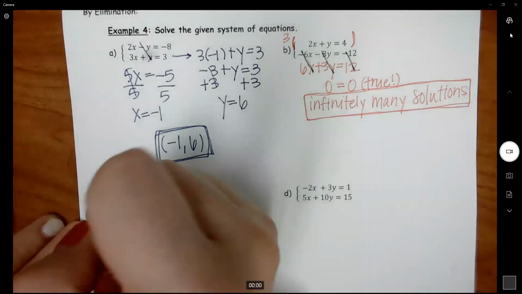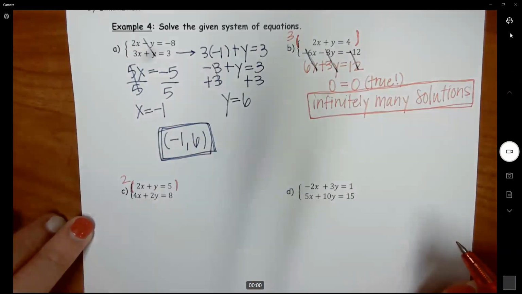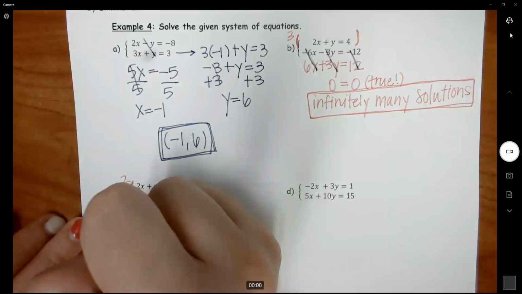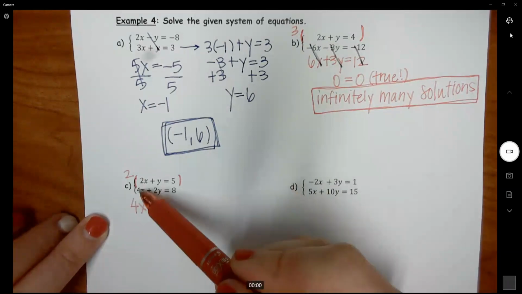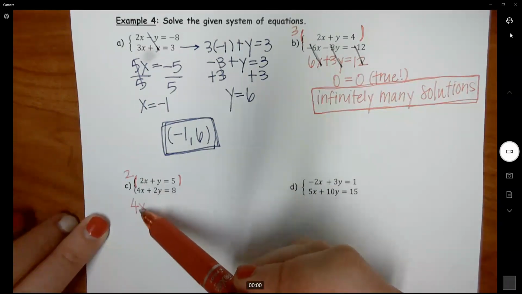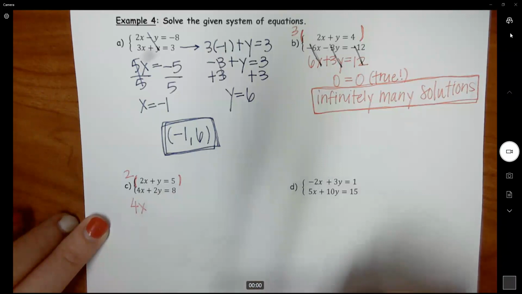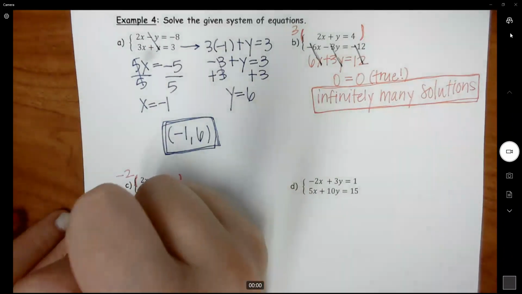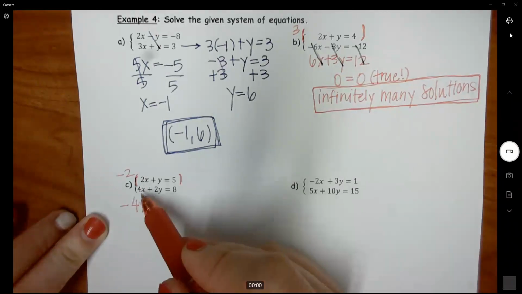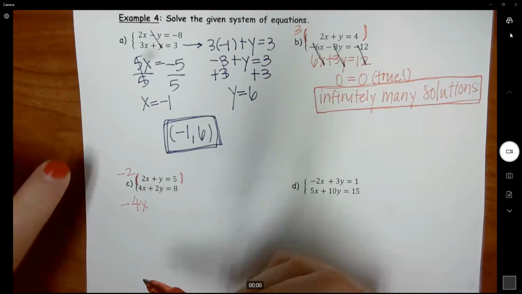Be careful. If you said 2, when you multiply this out, you get 4x. Those don't eliminate. That becomes 8x. You need them to have opposite signs. So if I multiply it by a -2, now this becomes -4x, and now those will eliminate.